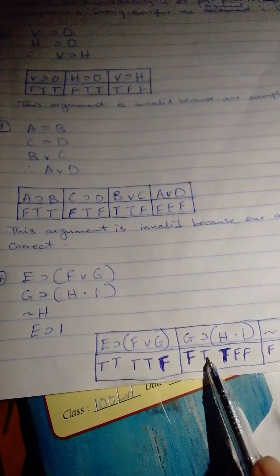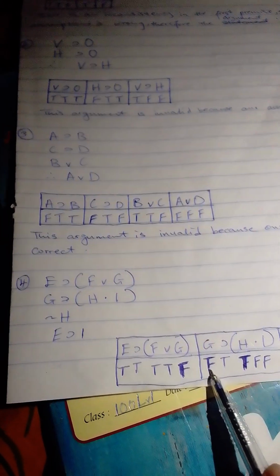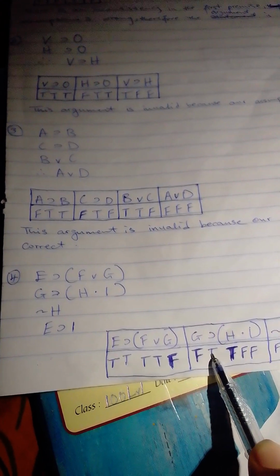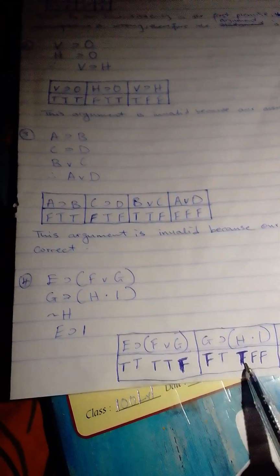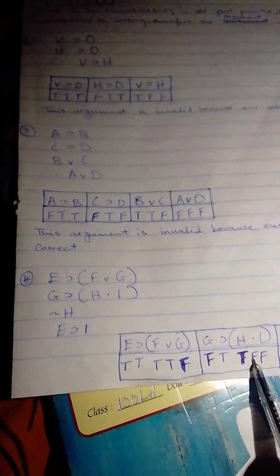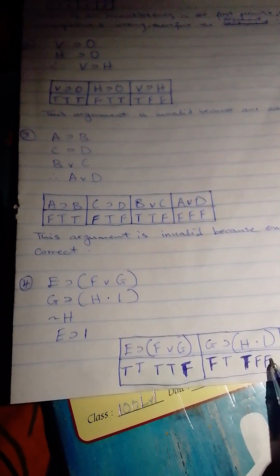So our conditional statement we already have true. So this false, for us to get true, it will be true or false. But we go with false because of this sign, and we already have false here.